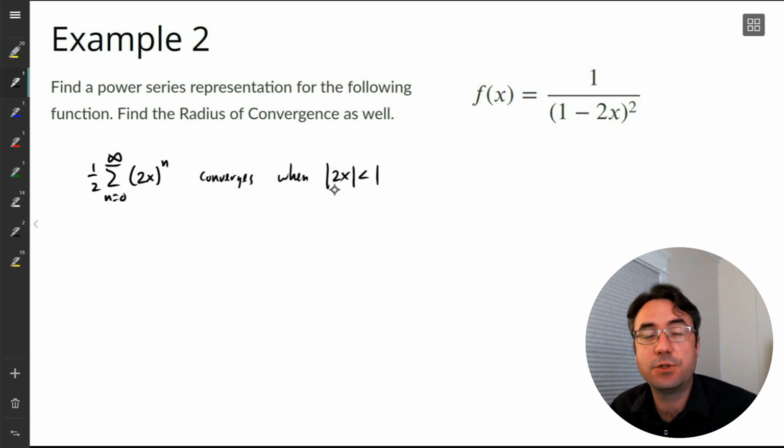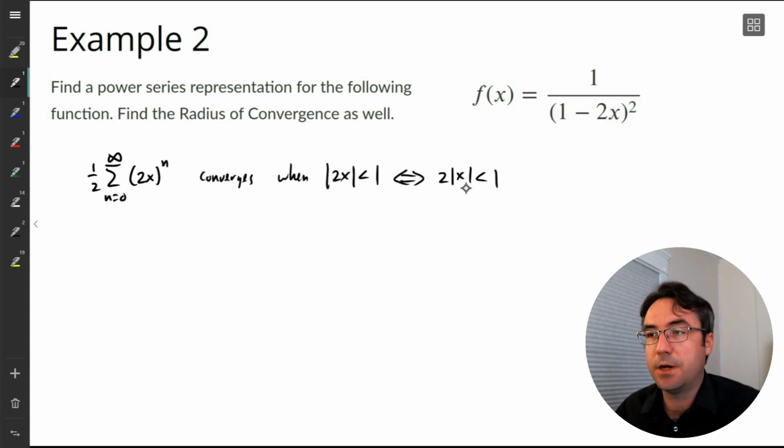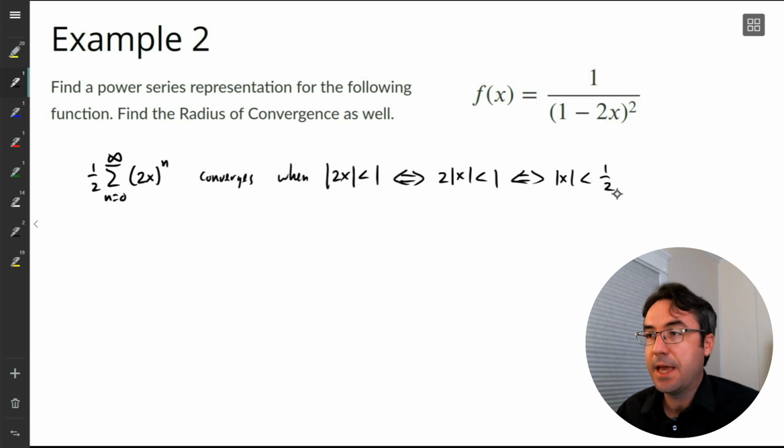So the absolute value of 2x is less than 1. 2 is a positive constant, so this is true if and only if 2 times the absolute value of x is less than 1. And then solve for the absolute value of x term. So this statement's true if and only if the absolute value of x is less than 1/2. And that's actually our radius of convergence.